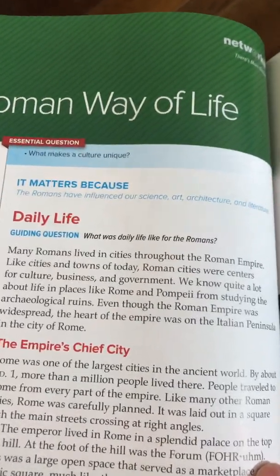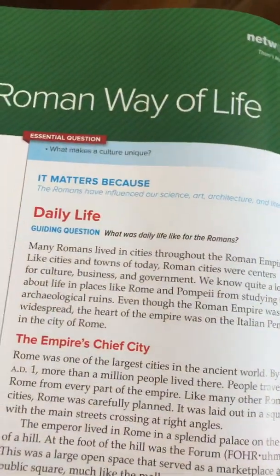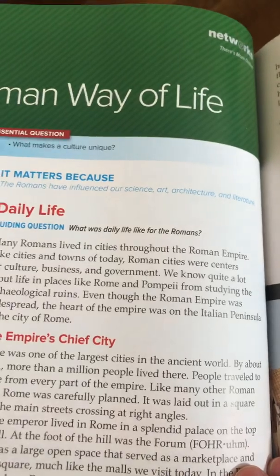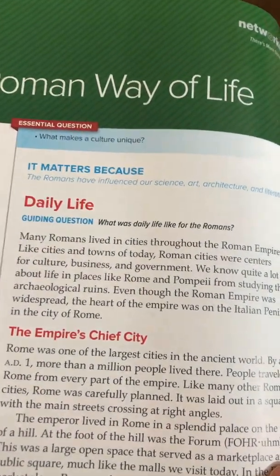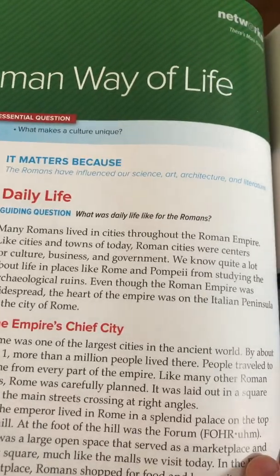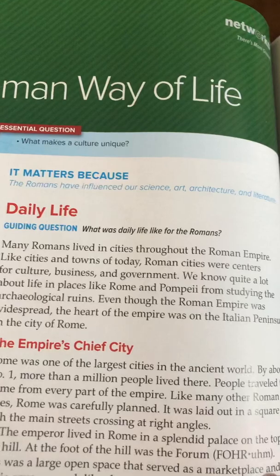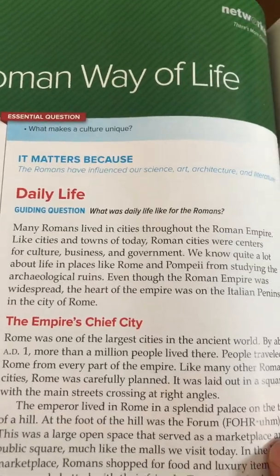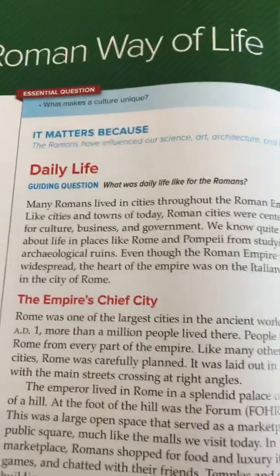Daily life. What was daily life like for the Romans? Many Romans lived in cities throughout the Roman Empire. Like cities and towns of today, Roman cities were centers of culture, business, and government. We know quite a lot about life in places like Rome and Pompeii from studying the archaeological ruins. Even though the Roman Empire was widespread, the heart of the empire was on the Italian peninsula in the city of Rome.